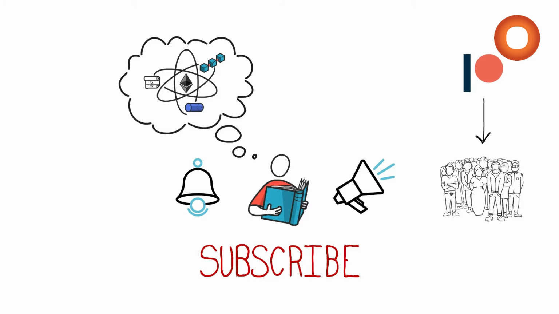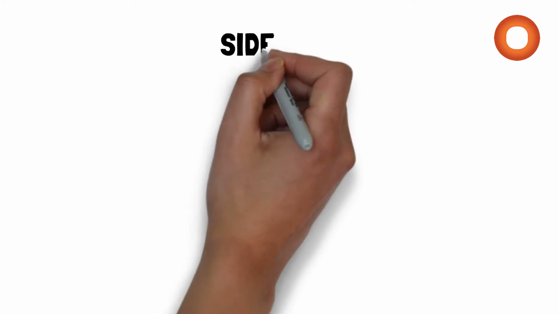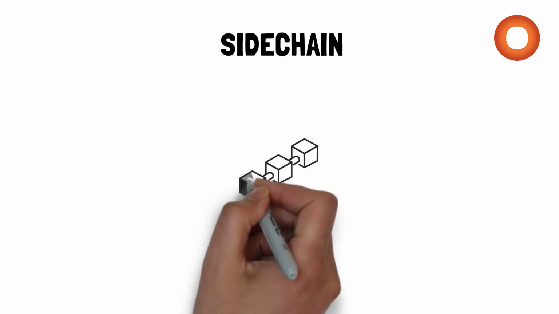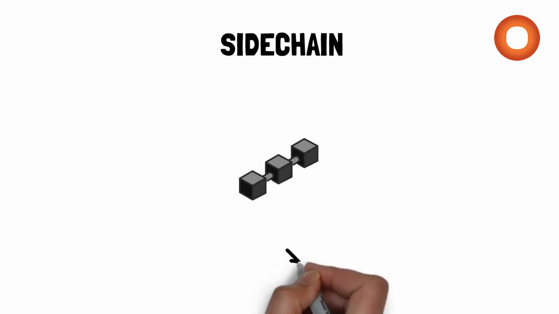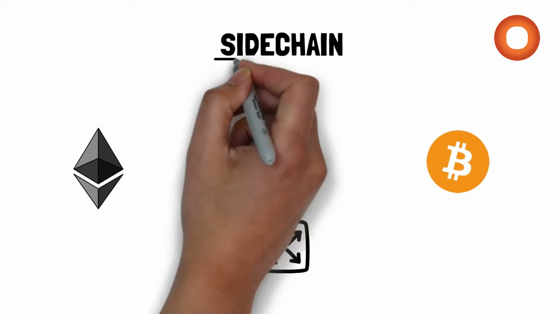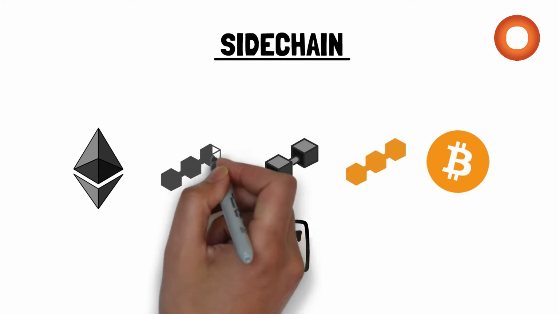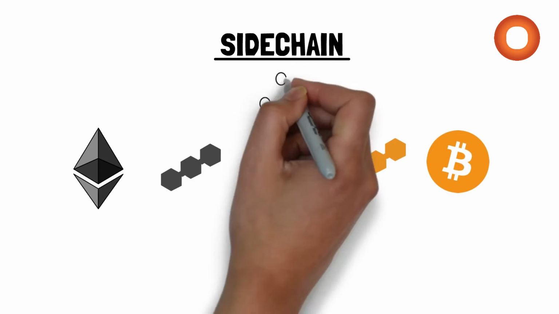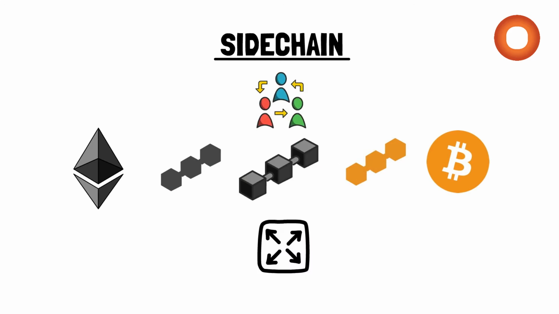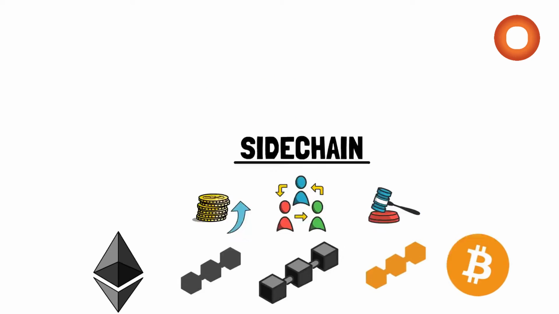Let's start with understanding what exactly a sidechain is. A sidechain, in essence, is a separate blockchain that can be used as one of the ways of scaling a layer 1 blockchain, such as Ethereum or Bitcoin. As the name suggests, a sidechain runs in parallel or on the side of the main chain. Sidechains have their own consensus mechanisms, usually in the form of proof of stake, delegated proof of stake, or proof of authority.